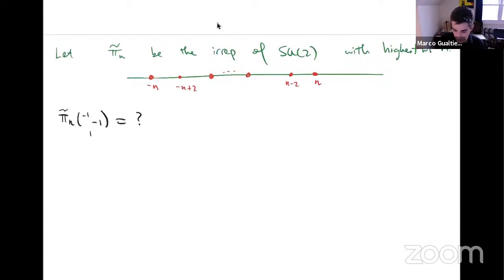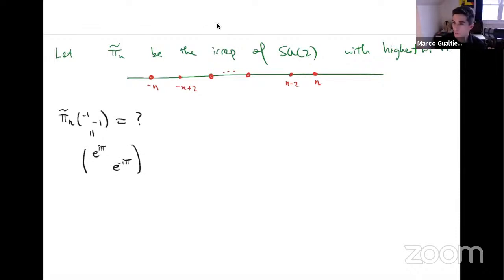First of all, I'll write this matrix in a nice way, as the exponential of a matrix in the Lie algebra. So this will be e to the i pi and e to the minus i pi, just for symmetry reasons.